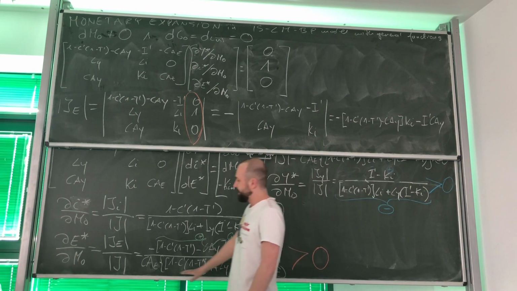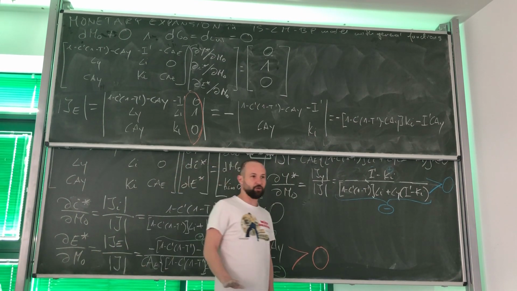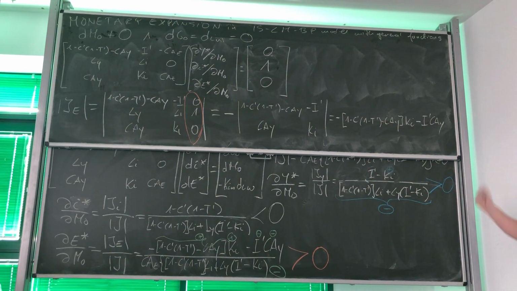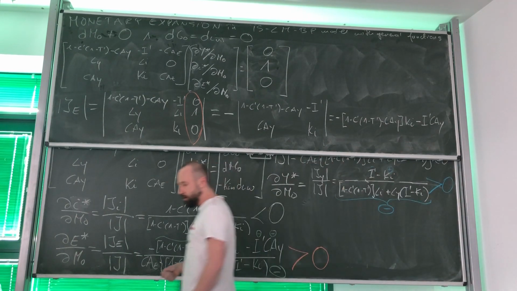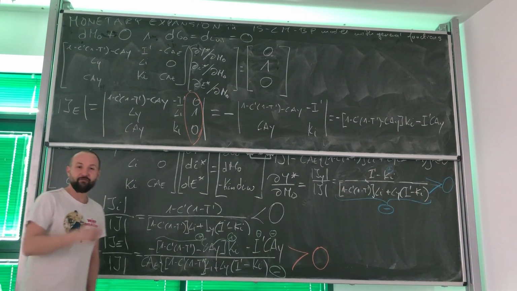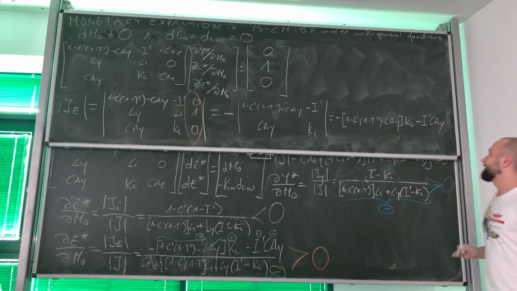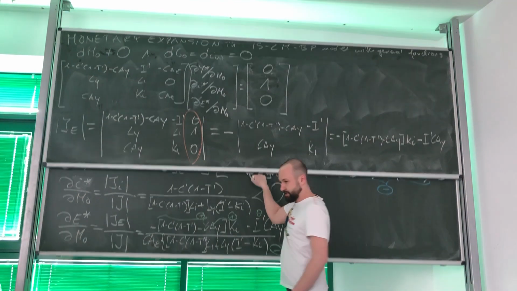If central bank uses monetary expansion, then exchange rate will depreciate, will go up, which means we pay more units of our own currency for 1 unit of foreign currency. And look, this result actually is extremely important.